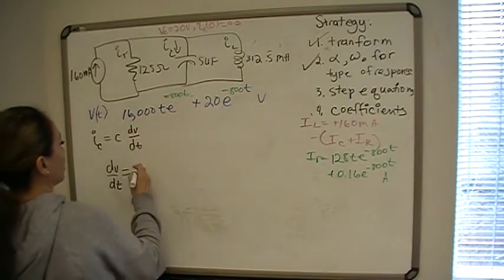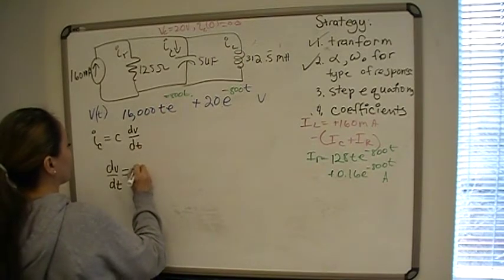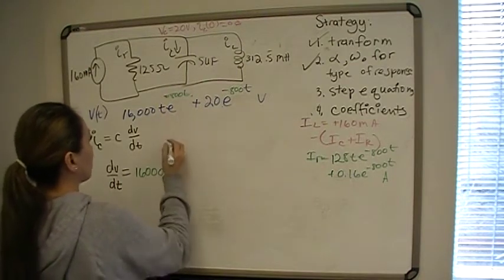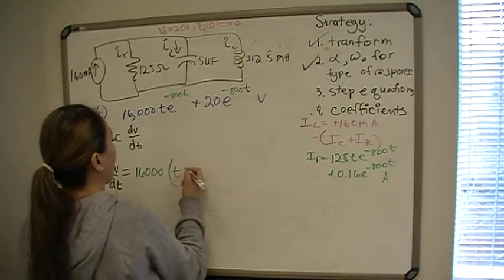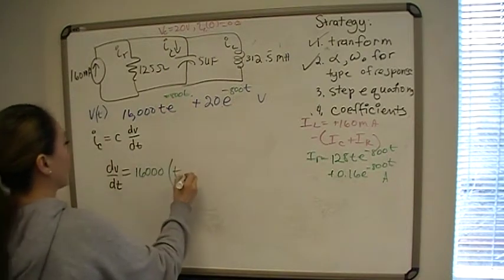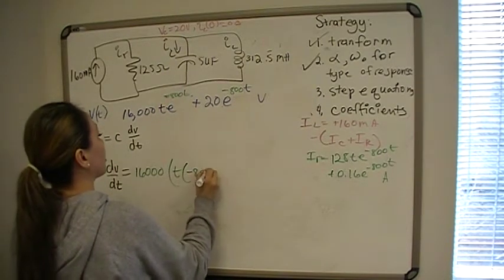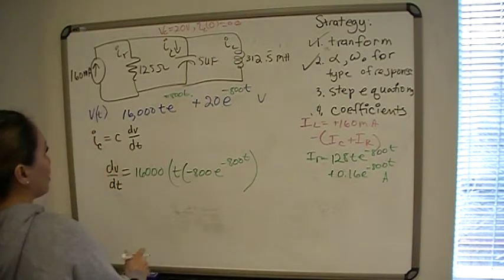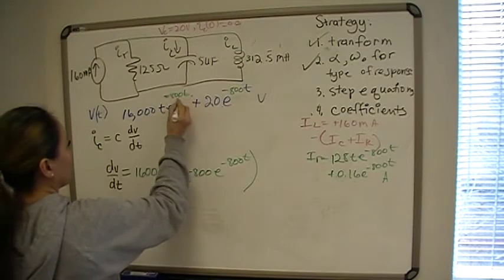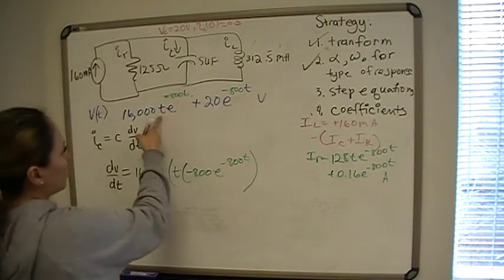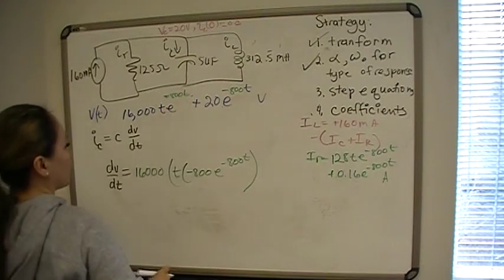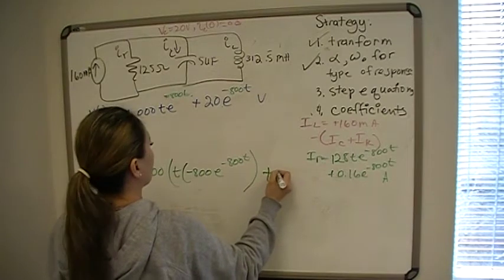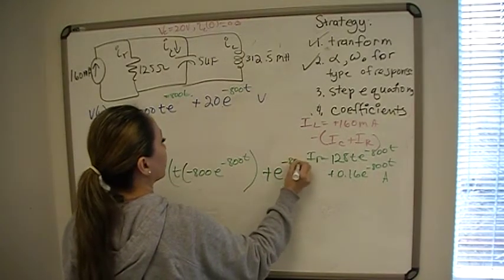So the derivative of this part is going to be 16,000 times t times the derivative of e to the negative 800t, and that's going to be negative 800 e to the negative 800t. Okay, and then it's going to be this times the derivative of t. Well, the derivative of t is just 1, so we just need to bring it down.